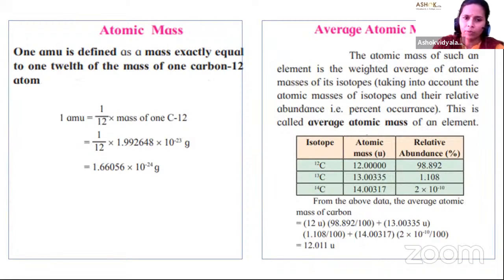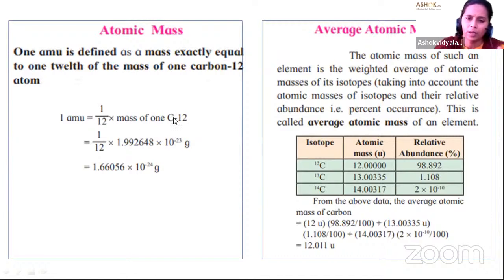The atomic mass of any element is represented by the unit 1 AMU, which means atomic mass unit. From this formula, we can write the definition that 1 AMU is defined as 1/12 the mass of one C12 atom.